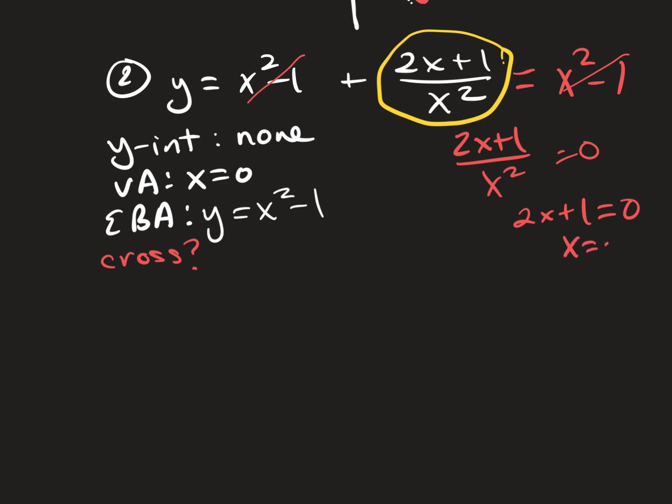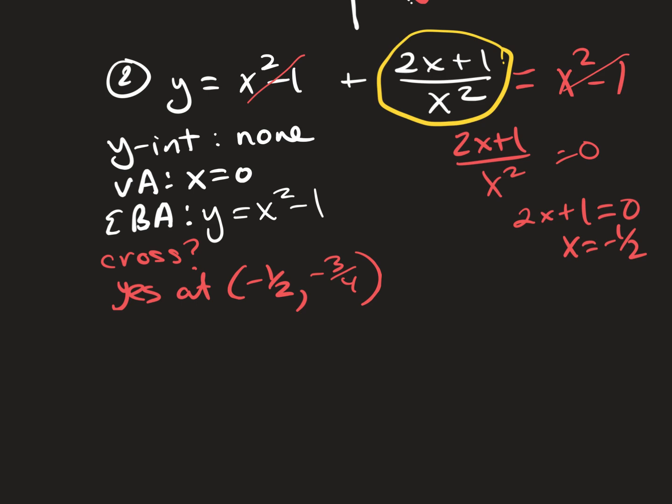So it'll cross at -1/2. How do I find the y coordinate of that cross? Well, I think it's always easiest just to plug it back into the EBA because it's the cross of the EBA and the function. And the EBA is much simpler here than plugging into the whole function. So when I plug it into x squared minus 1, I get 1/4 minus 1 or -3/4. So always nice to have another point on the graph.